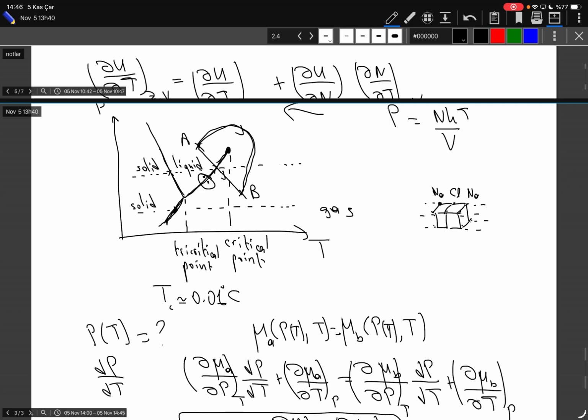In this diagram, at least, there is one critical point where the phase coexistence line between a liquid and the gas terminates. As long as you are on this line, the liquid-gas coexistence line, you have in the same system two phases that you can actually see the difference.